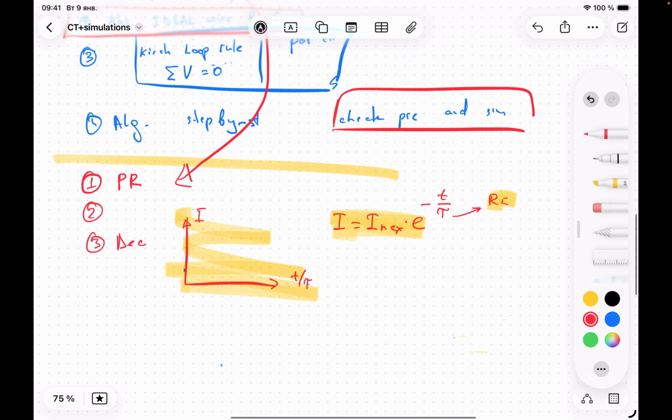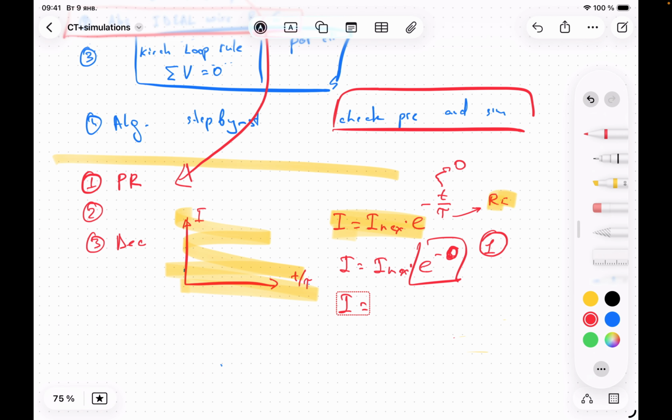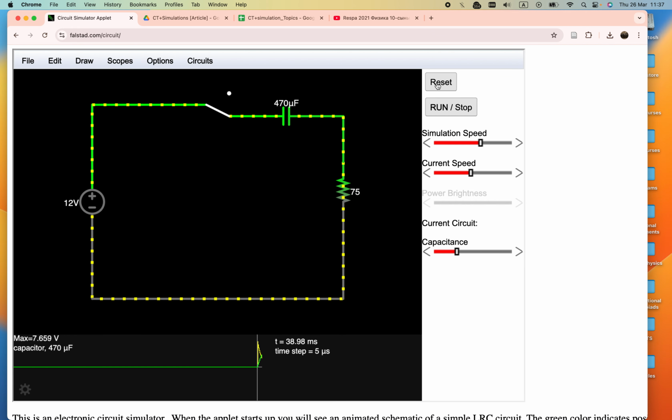When T is 0, it will be I equals I max times exponential of minus 0, which is 1. It means that the instantaneous current will be the same as the maximum when time is 0. It means that the instantaneous current after the switch is closed immediately, you see, the current will be maximum here.